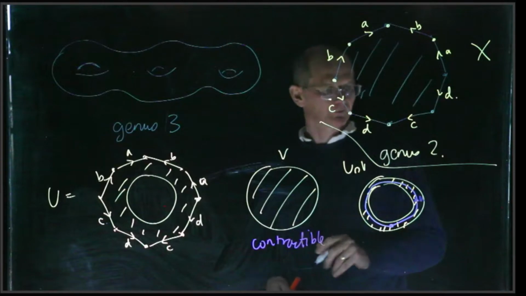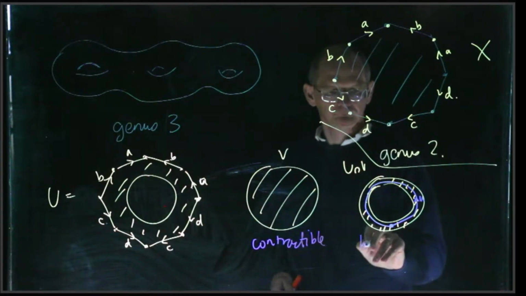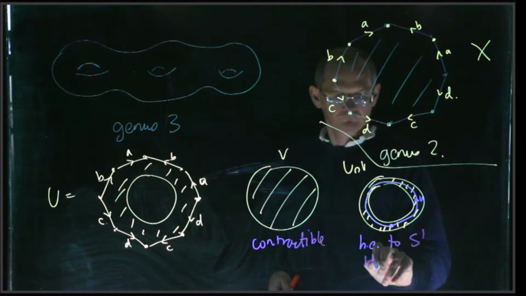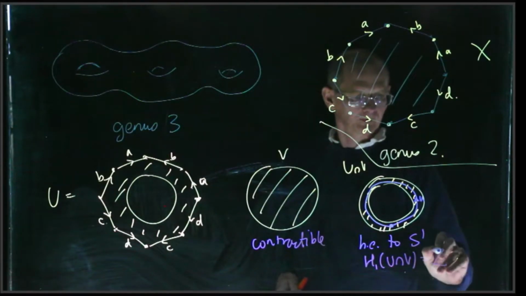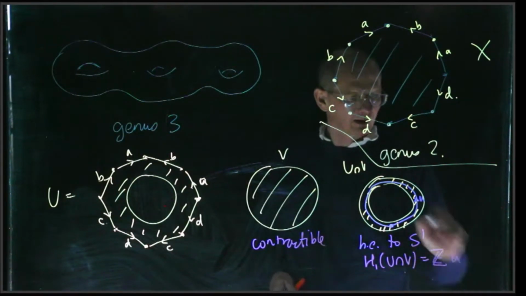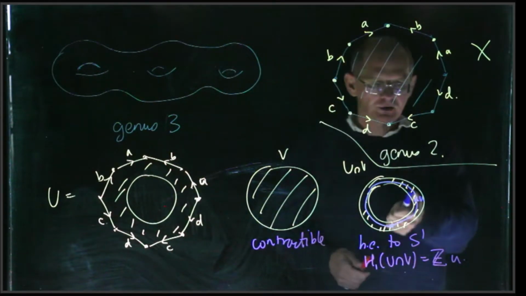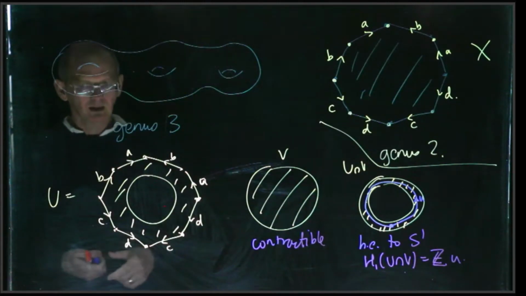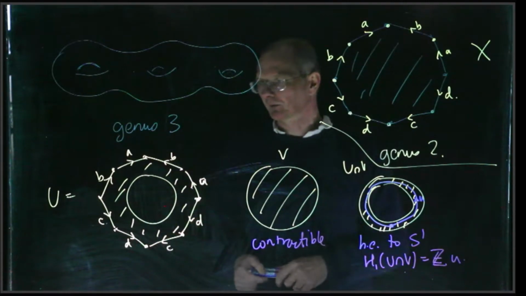We're going to call this loop here little u. Your H1 group is just multiples of this loop going around here. But then it's a bit more of an issue to work out what this U looks like.